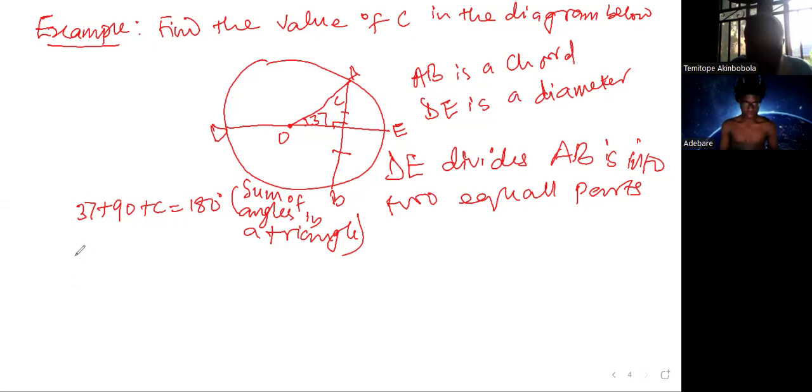So C equals 180 minus the sum of 90 and 37. That's 127. So 180 minus 127 gives us 53, right? Yes. So angle C is 53.